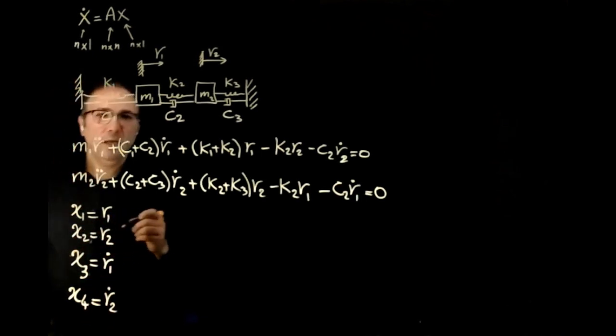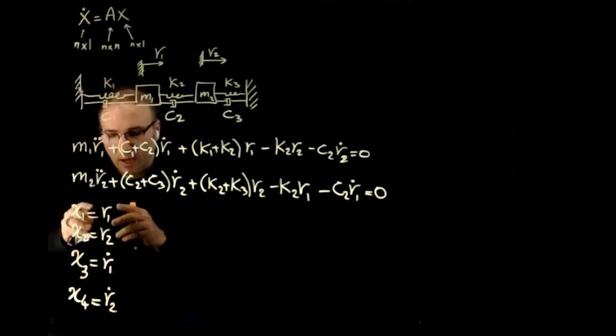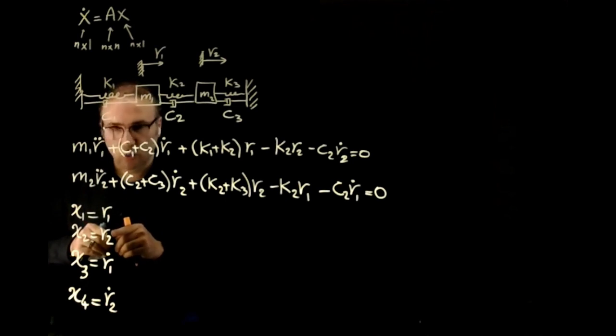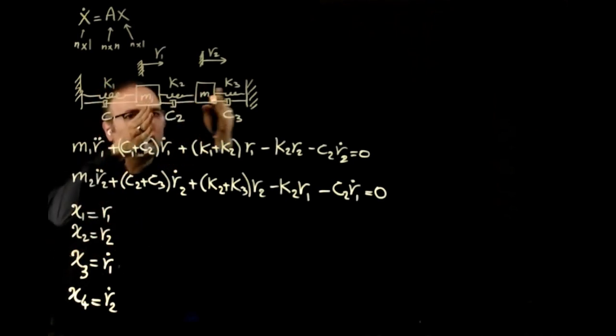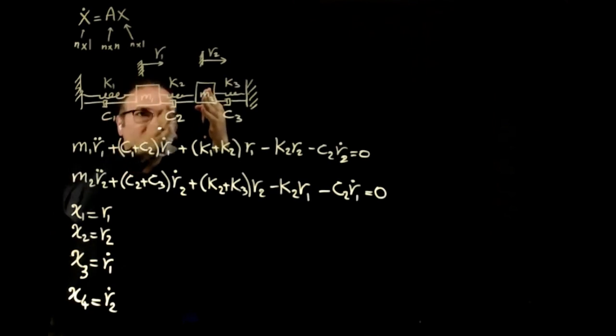Why do I do that? Because if you think about it, I'm free to pick R1. I'm free to pick R2. So this can be anywhere, right? While if I fix R1, R2 is still free, or if I fix R2, R1 is still free.